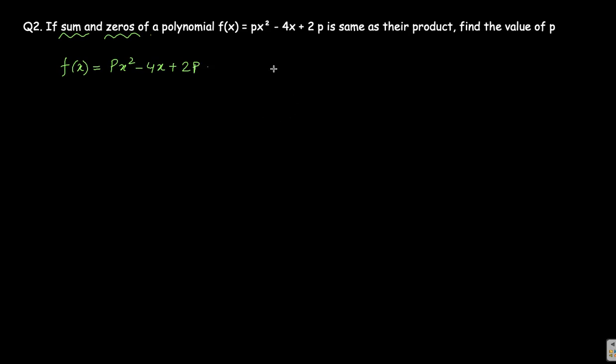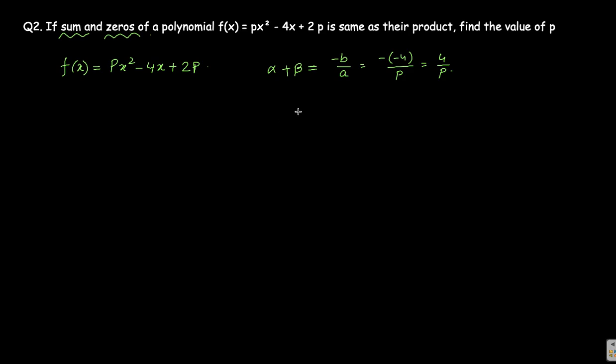Your first step to solve this type of numerical is to find alpha plus beta and alpha beta. Alpha plus beta is minus b by a. Here b is minus 4, so minus b is 4, and a is p, so the sum is 4 by p.